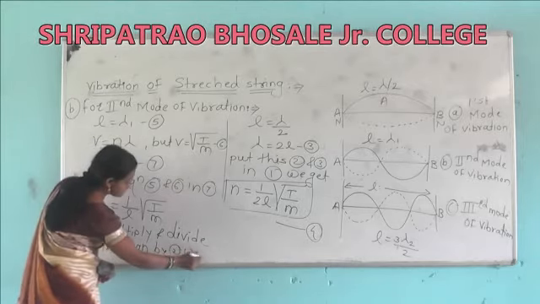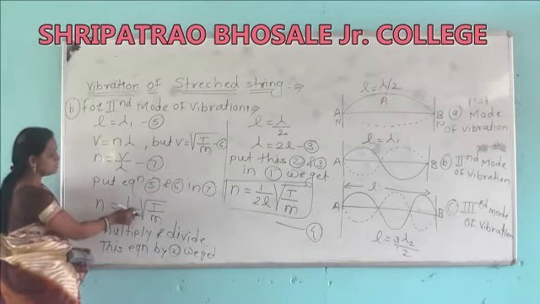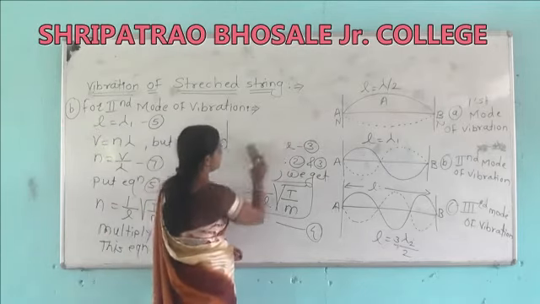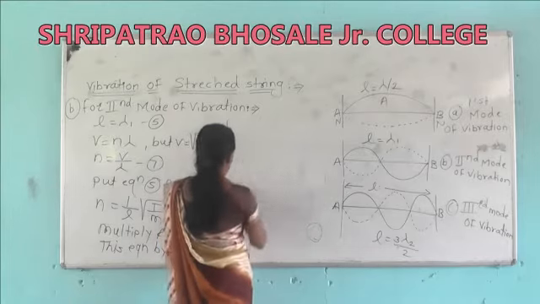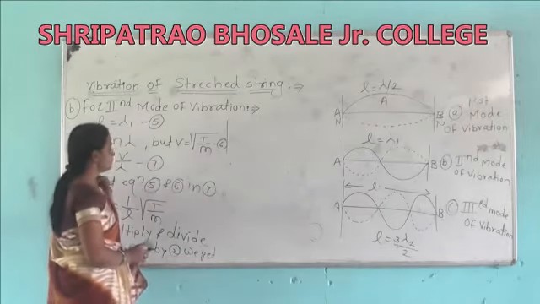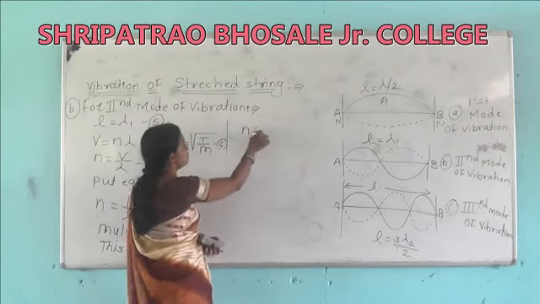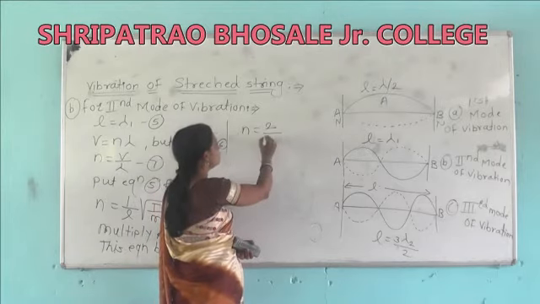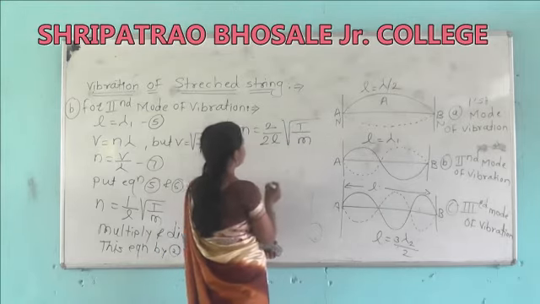Therefore we get here N is equal to 2 divided by 2L square root of T by M.